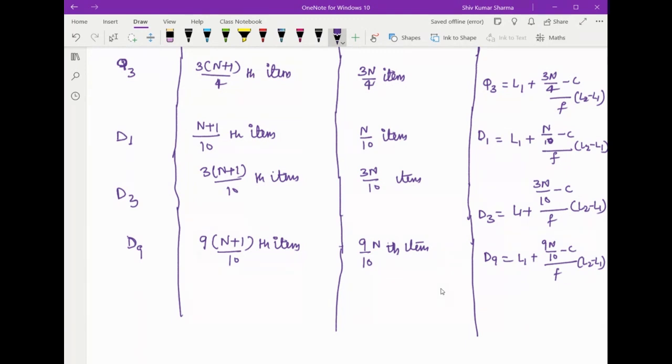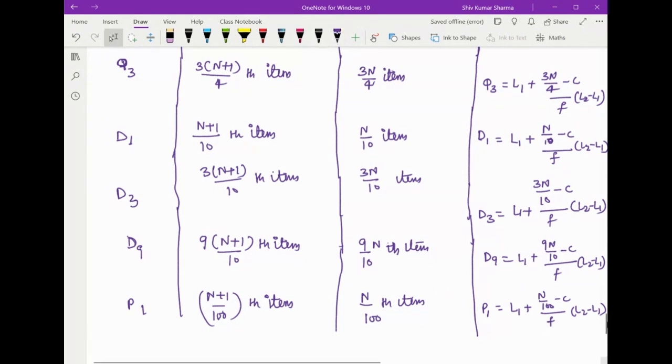And lastly we write percentile. For calculating percentile, P1 equals (n plus 1) upon 100th item, here n upon 100th item, and for calculating percentile 1, we write L1 plus (n upon 100 minus c) over f into (L2 minus L1).